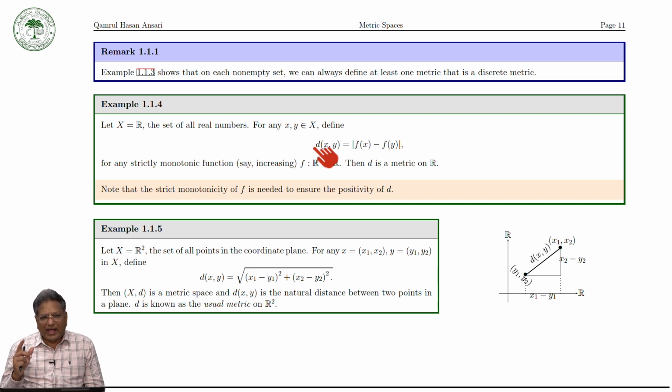Let the coordinates of point x be x1, x2, and the coordinates of point y be y1, y2. x and y are any two points in X, and define d(x,y) is equal to square root of (x1 minus y1) whole square plus (x2 minus y2) whole square. And this is the usual way.